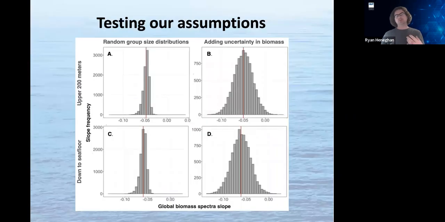But obviously, what I was talking about with uncertainty, we wanted to make sure that the slope of about -1.04 for abundance, or -0.04 for biomass, was robust to the assumptions we made.